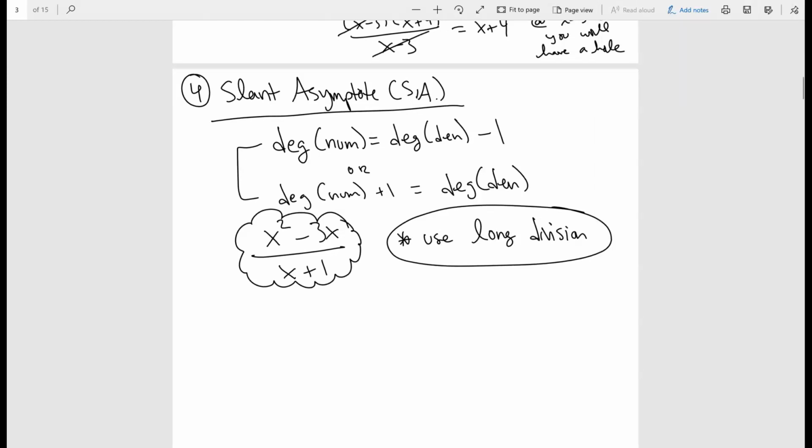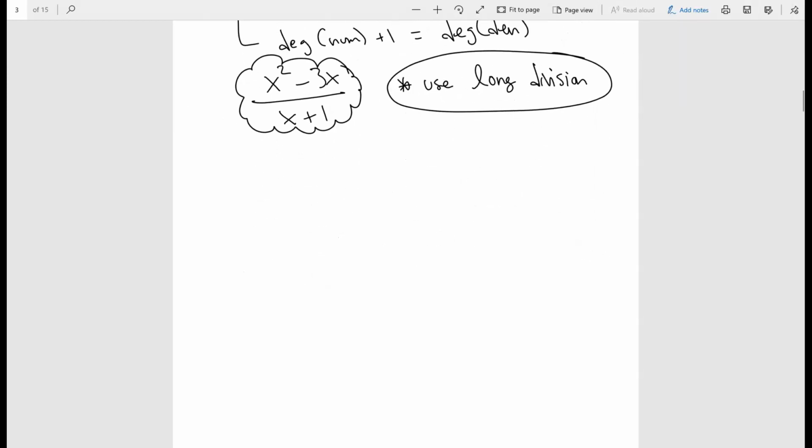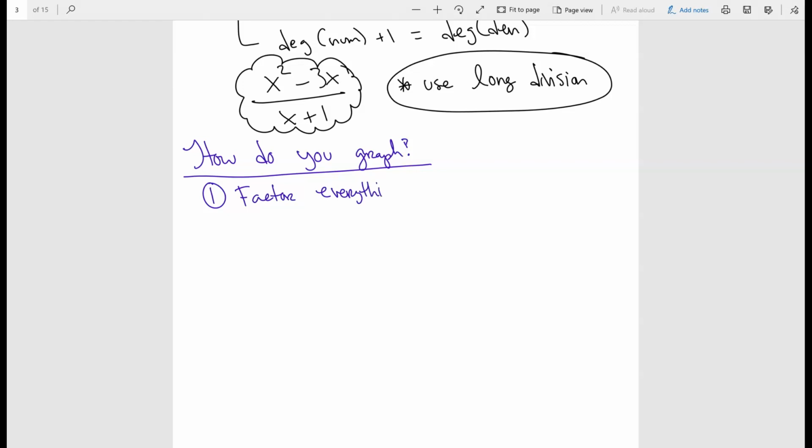So right before we jump into the problems, I do kind of want to give you a little glimpse of how to graph these. So the way that you graph them is the following. The first step is you want to factor everything as much as you can. The second thing is find x and y intercepts, okay, if they exist.